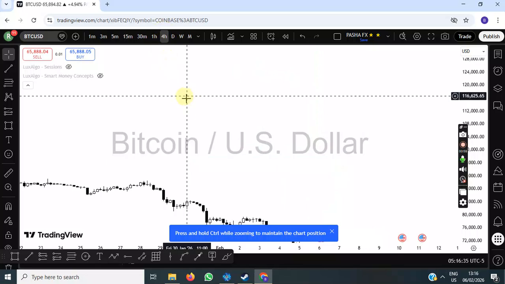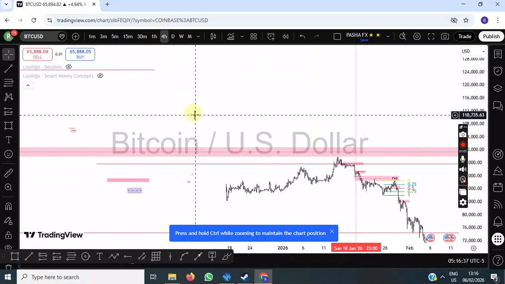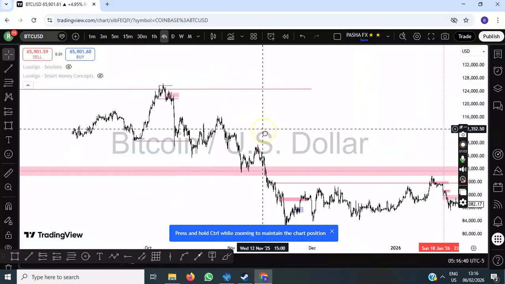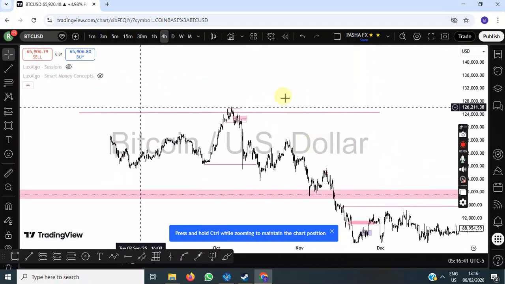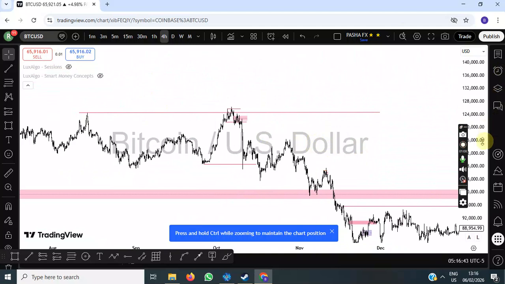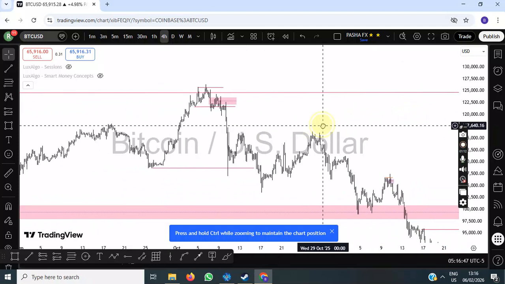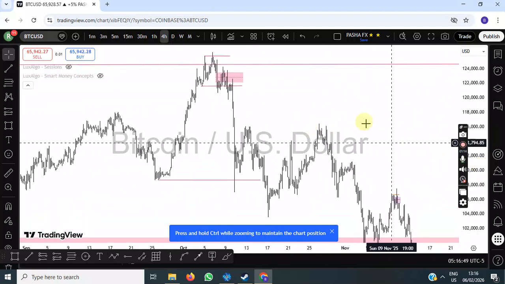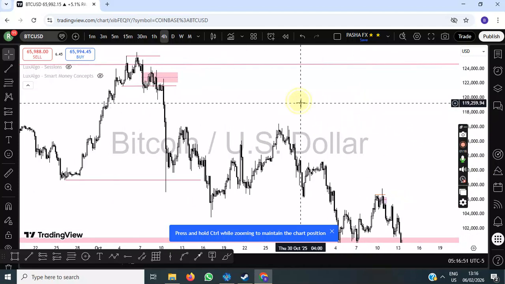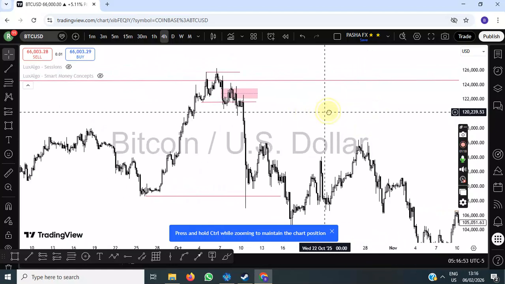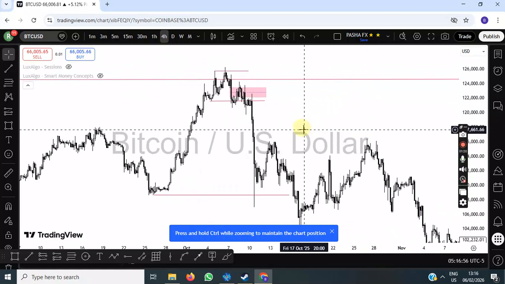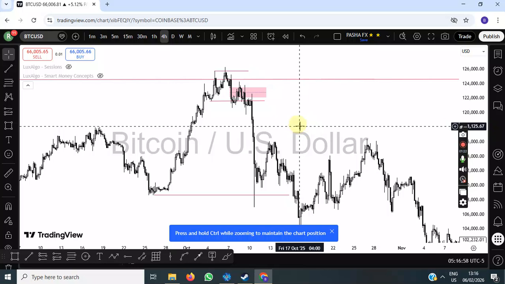So I dropped down to my lower time frame to look for confluences, and I had good confluences. At first I was not targeting very far because I wanted to see price do some specific action.